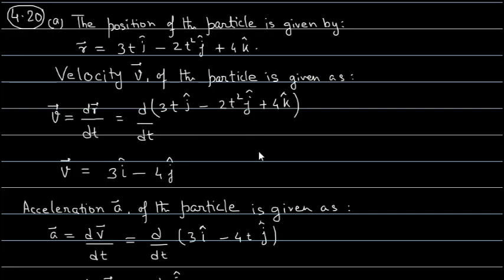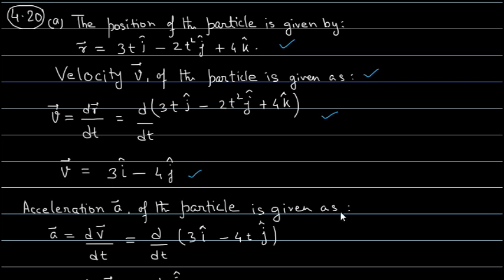Now the position vector of the particle is given by r is equal to 3t i minus 2t square j plus 4k. It is clear now. Velocity v of a particle is given as v is equal to dr by dt, that is d of 3t i minus 2t square j plus 4k upon dt. So upon solving, we got v is equal to 3i minus 4t j.